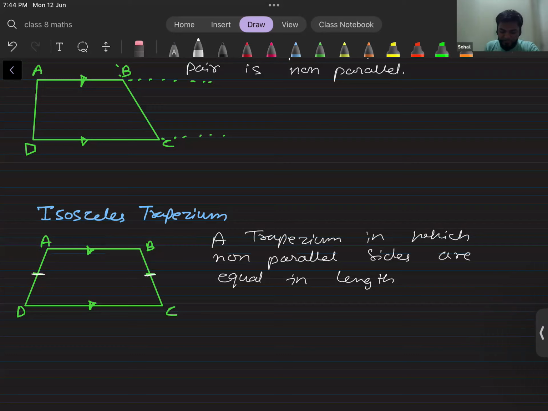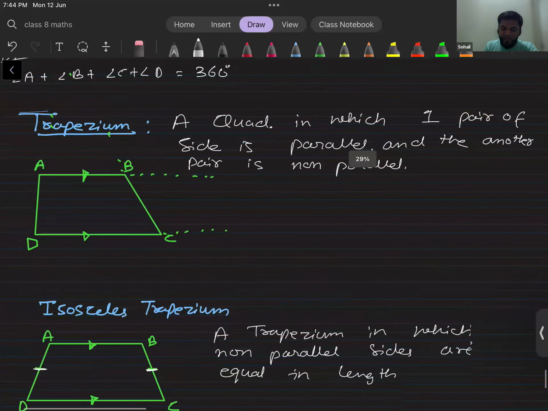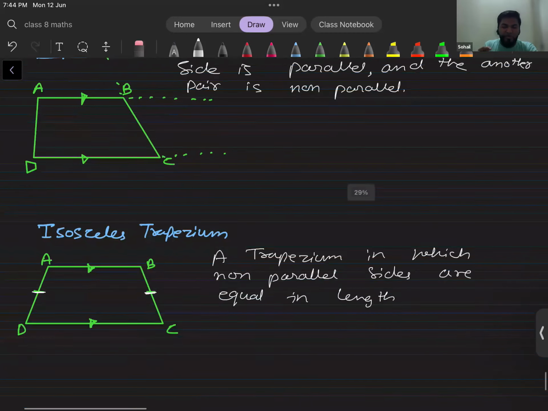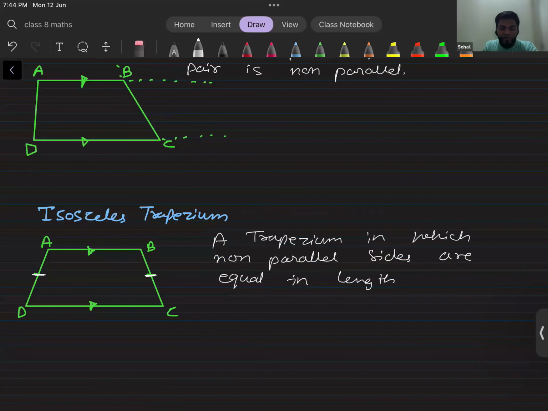These two sides. Yes, sir. Side AB and DC are parallel, and AD and BC are non-parallel, because if we draw them further, they will meet at a point. And we see that their lengths are also the same here. So that is about the isosceles trapezium. A trapezium is simply a quadrilateral in which exactly one pair of sides is parallel, and an isosceles trapezium is one in which the non-parallel sides are of equal length.